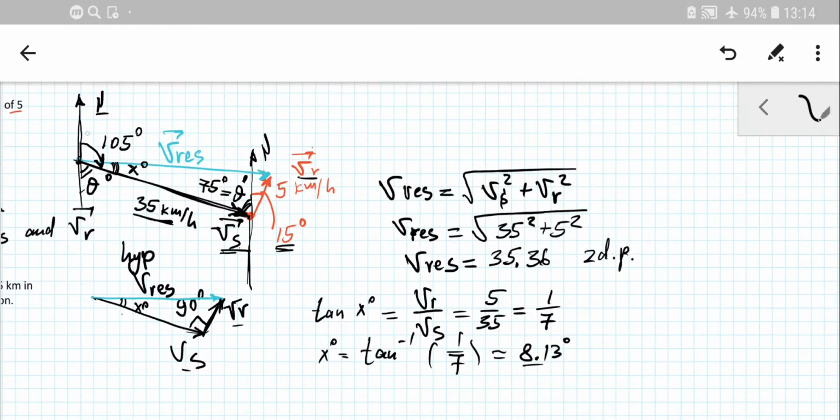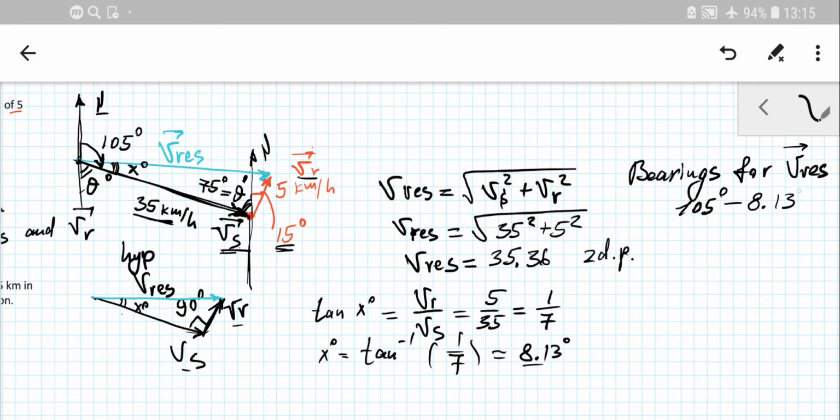How do we find the variance of the resultant? Basically, to find this angle, it is simply 105 minus angle x. So the variance for the resultant is going to be 105 minus this angle x that we recently found.